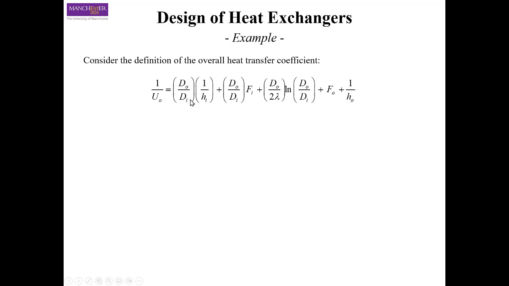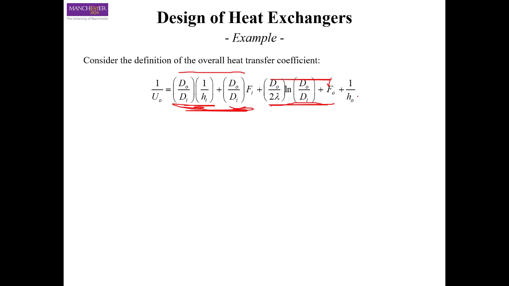So this part of the equation is known to us. We know the combined value of this resistance here and this resistance here. We know the conductivity of the system, we know the dimensions of the system, and we know the fouling outside the tube. So we know this part of the equation is also given to us.